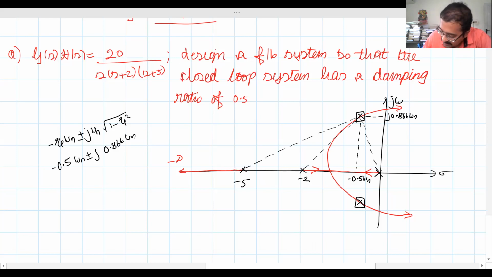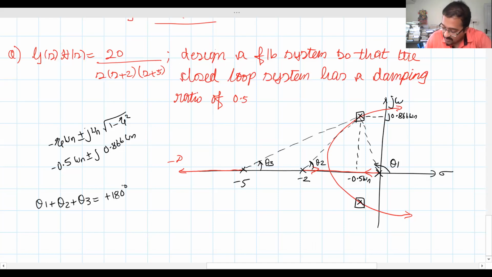This angle is theta 1, this is theta 2, this is theta 3. When can this dominant pole be on the root locus? The net angle at the dominant pole has to be plus or minus 180 degrees. That means theta 1 plus theta 2 plus theta 3 must be equal to 180 degrees.